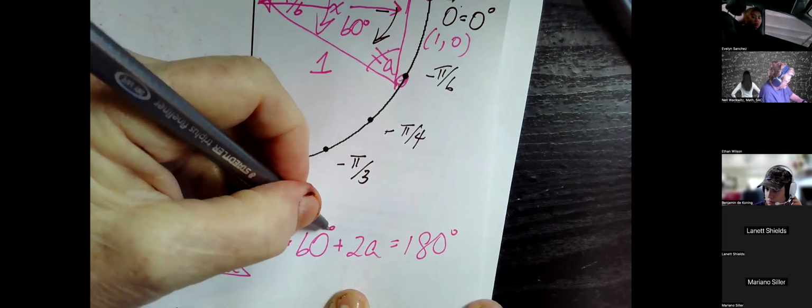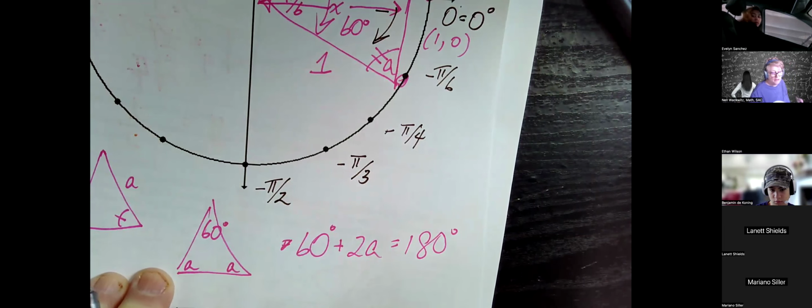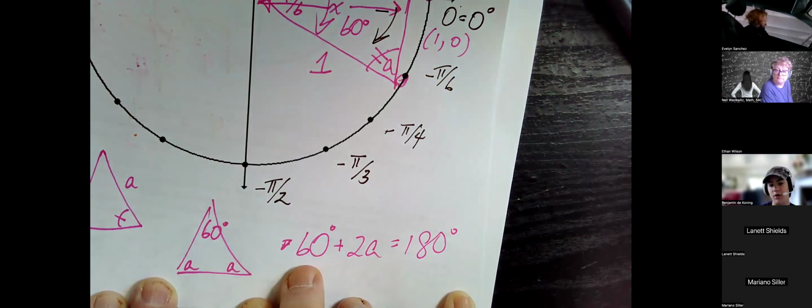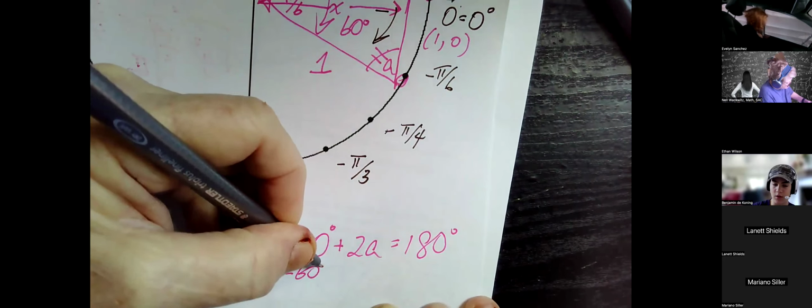So can we figure out what A is? Yes. Absolutely. So help me out. At least how I think of doing it is subtracting 60 from 180.